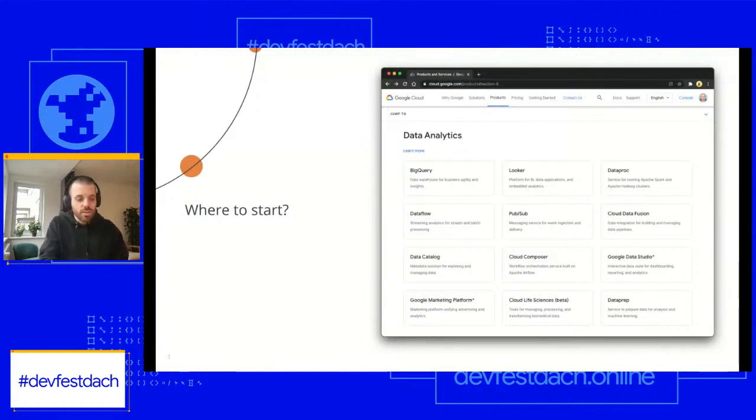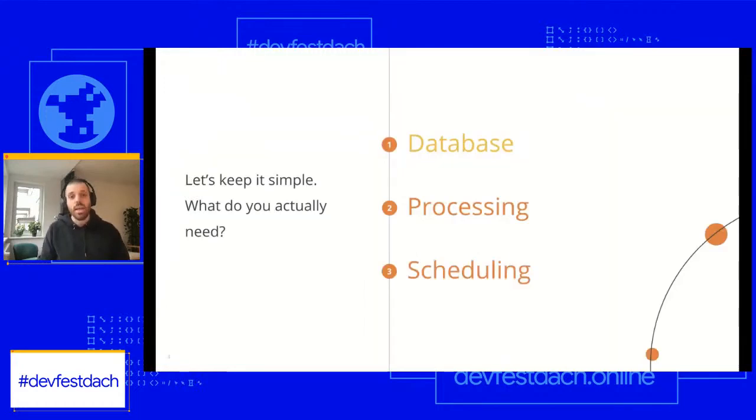So let's take a look at the layers that we're talking about. We're going to be talking about database. That's the central thing for all things data analytics: you need a place where you can load data into and use to get data out again. Then processing. We're going to see that there are a couple of options for processing and a couple of use cases that drive these processing demands.